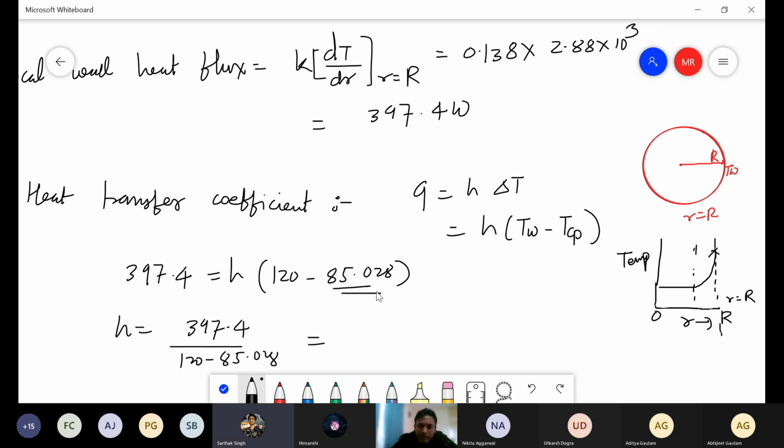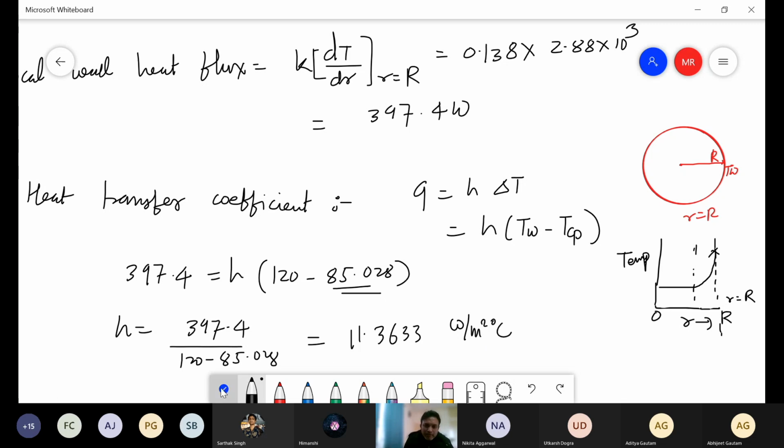I was doing it on mobile, so I'm just plugging in the values; I don't have a scientific calculator. So H comes out to be 11.3633 watt per meter square degree Celsius.